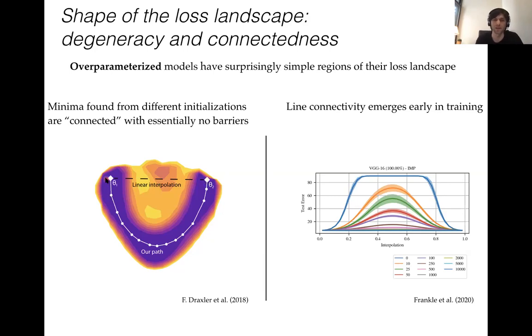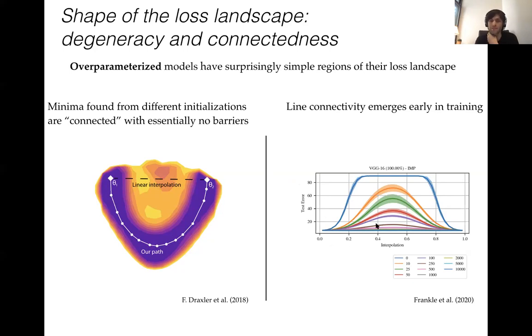If you try to interpolate between these two, you would find a region that crosses a big barrier where you get really bad performance. But if you're smarter, you can very frequently find a path from one to the other that goes around like a big valley that doesn't actually cross any barriers. So that's kind of interesting.